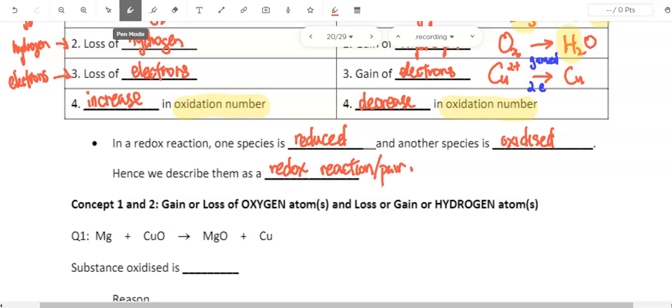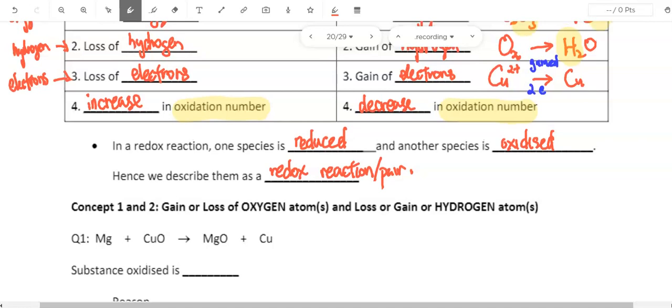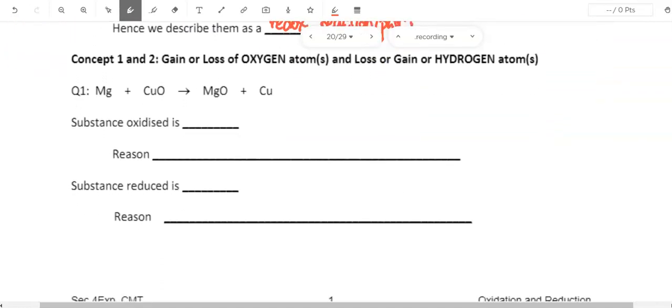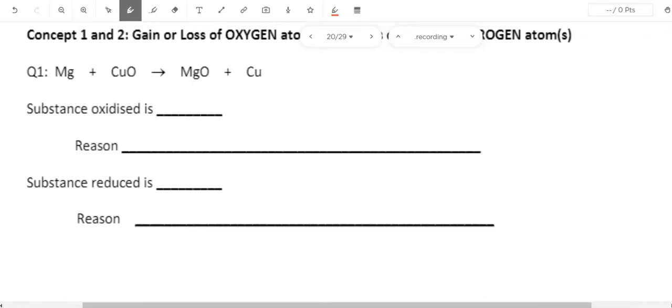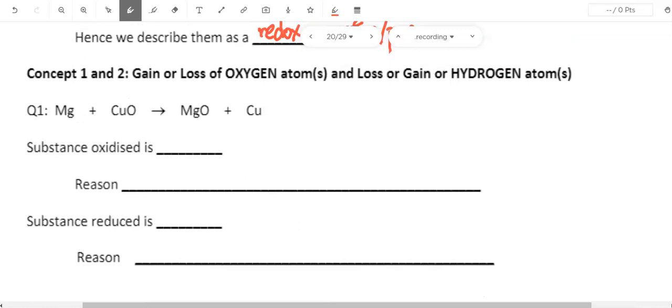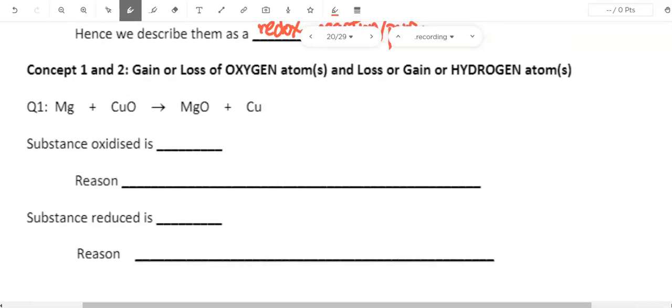This is what we're going to do now. We're going to look at some examples, and from there gain a deeper understanding of how we can identify a redox reaction and how to go about explaining it. The way to go about this is to zoom in on it and compare substance to substance.